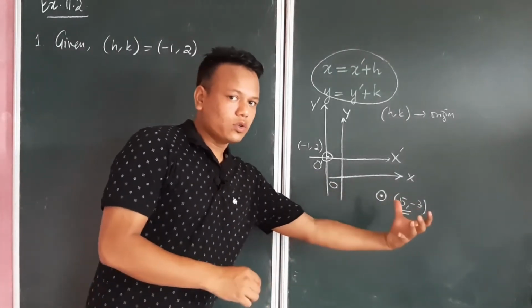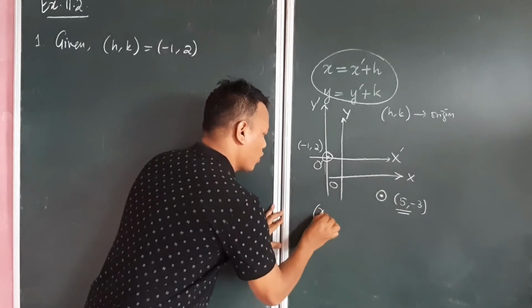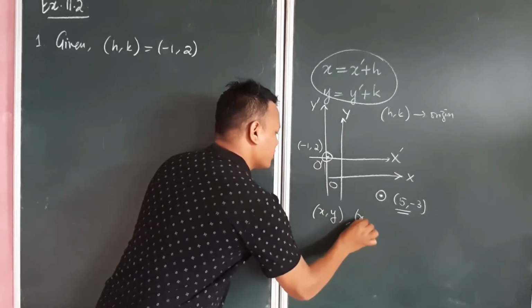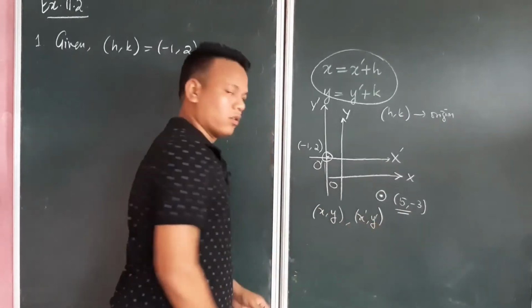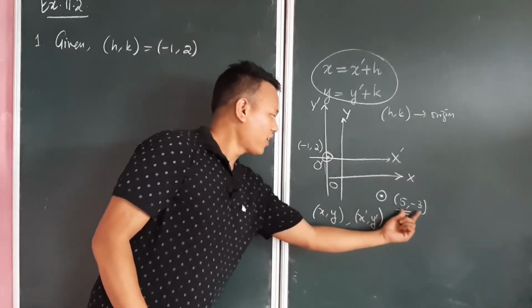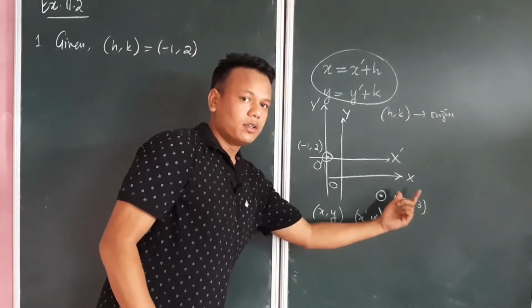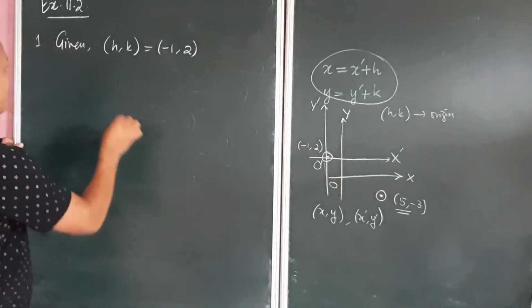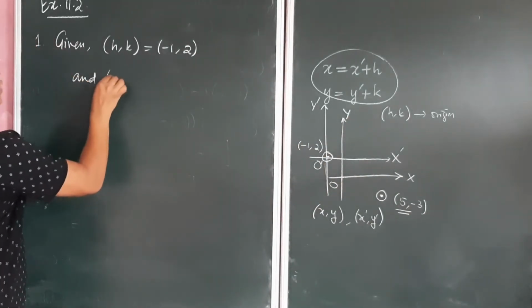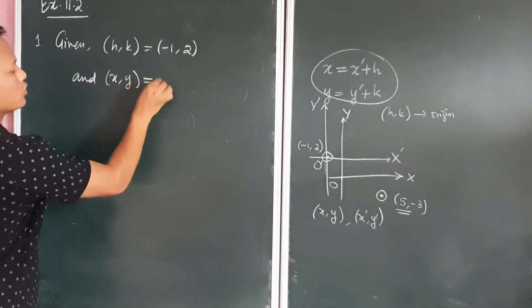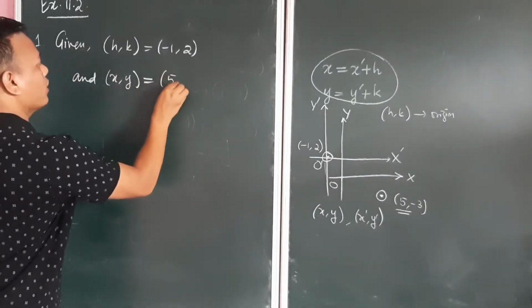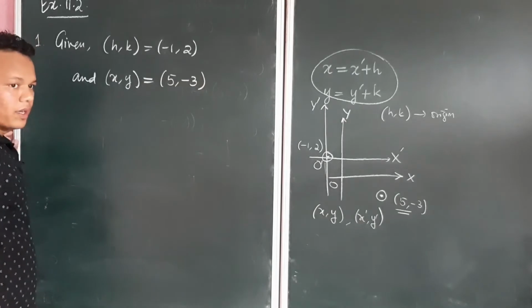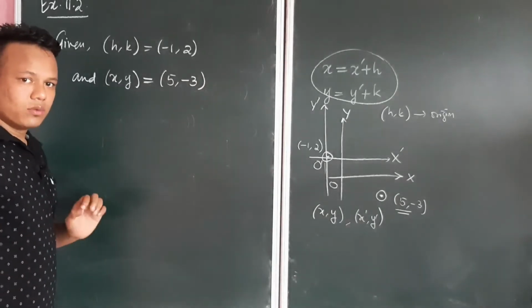Which coordinate system is this, x comma y or x dash comma y dash? Obviously this is x comma y, because 5 comma minus 3 is the coordinate with respect to x o y. So x comma y is given to be 5 comma minus 3. Now we need to find x dash y dash.